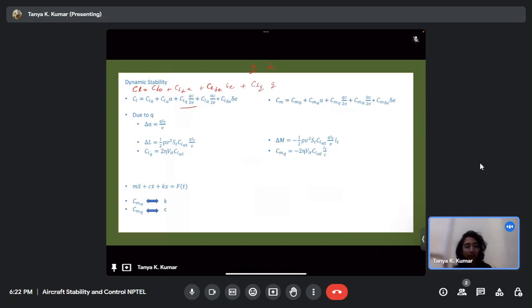Can anyone tell me why you have CLQ into Q c by 2V, and also CL alpha dot into alpha dot c by 2V? Why is there a difference? Why can't it just be CLQ into Q?